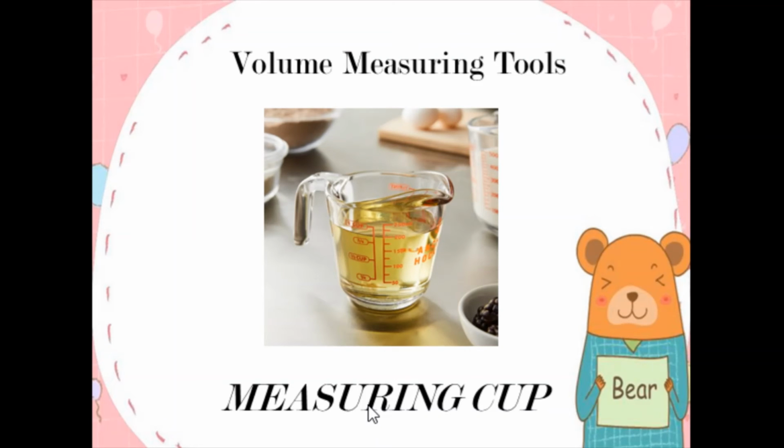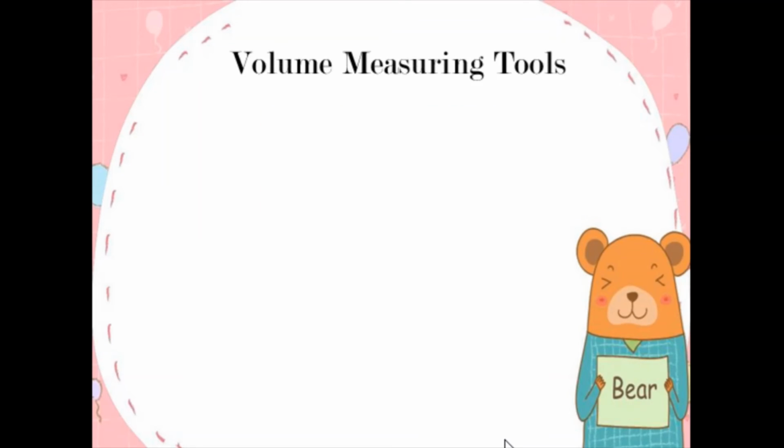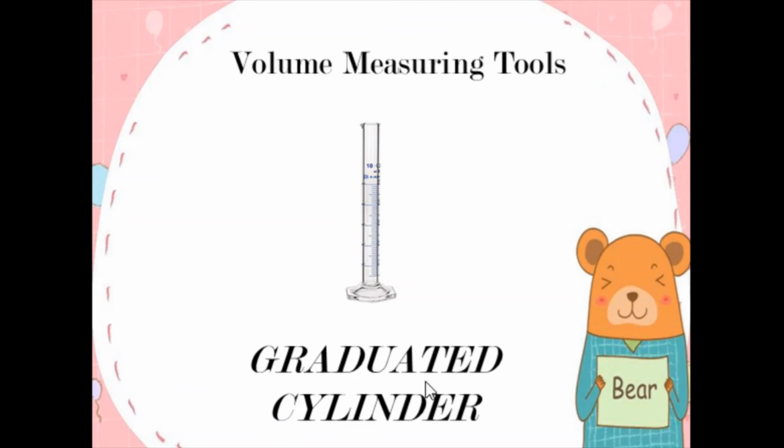Yes. First, again, it's the measuring cup. Another one for liquid goods we can use is this one. This is called a graduated cylinder. Again, this is a graduated cylinder.